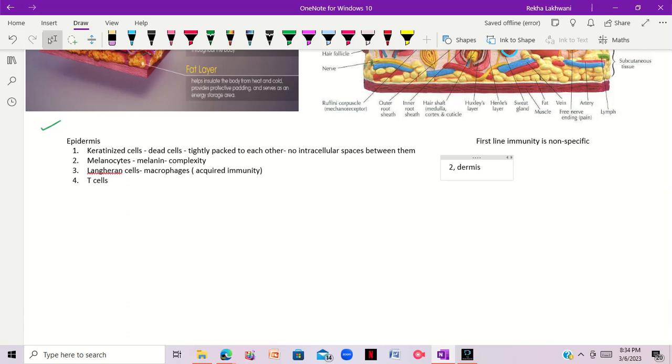This dermis has hair follicles and sweat glands, which produce lactic acid. This lactic acid is antifungal and antibacterial.